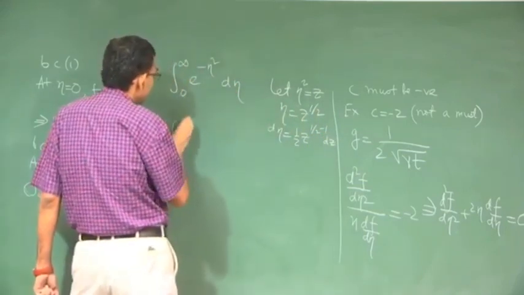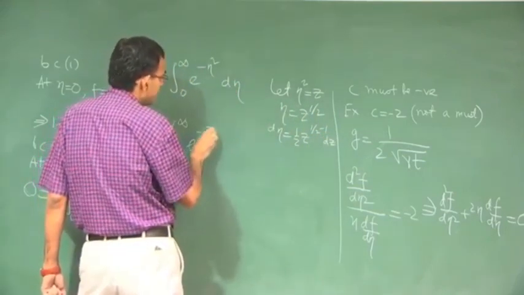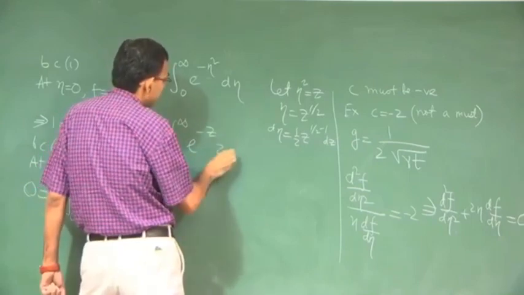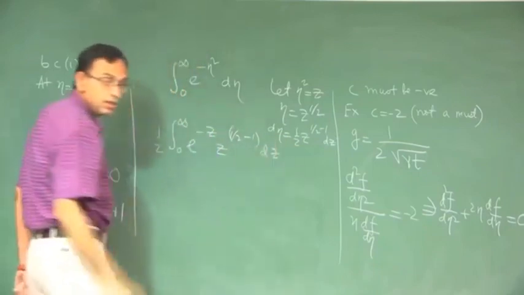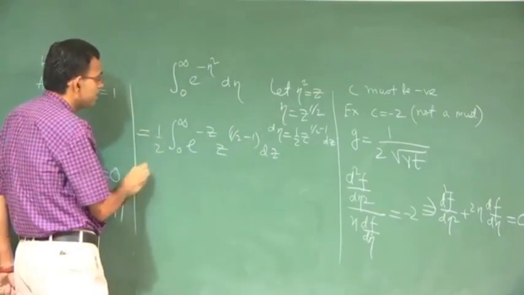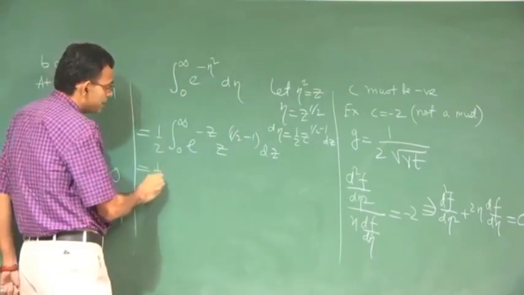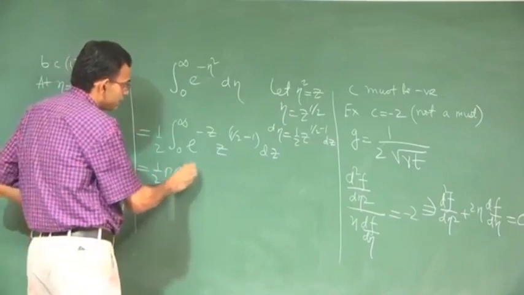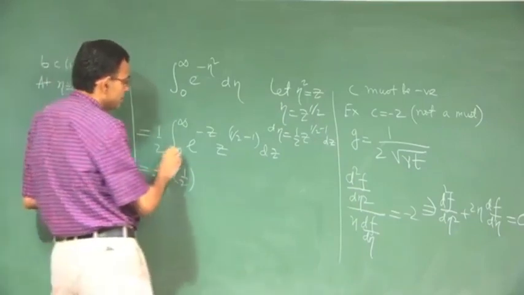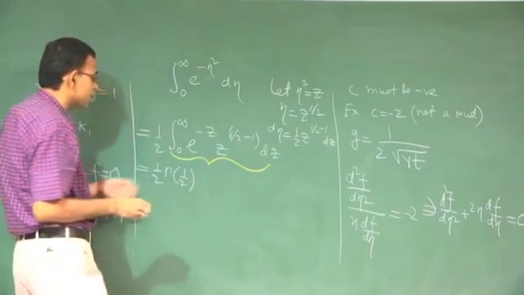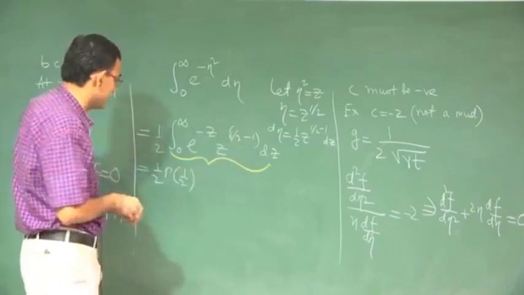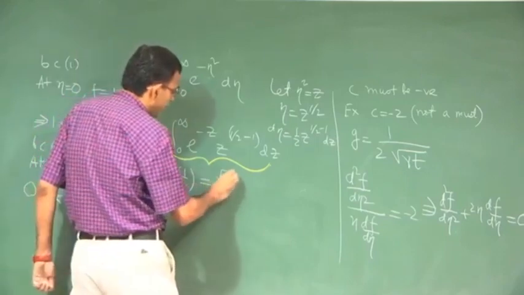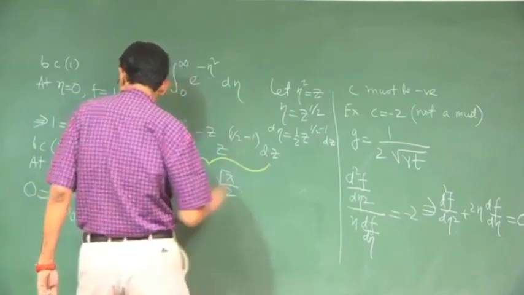So, this becomes 0 to infinity e to the power minus z, z to the power half minus 1 dz with a half outside. This becomes gamma of half, where gamma is the gamma function, e to the power minus z into z to the power n minus 1 dz, and gamma half is root pi.